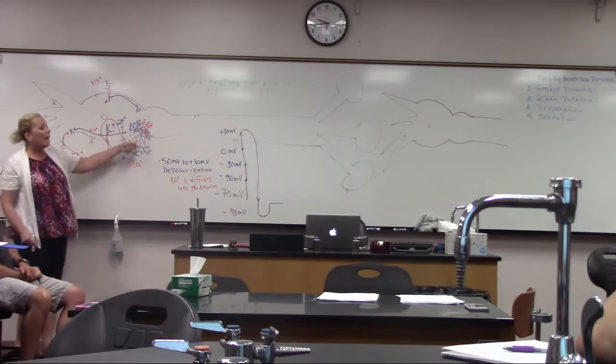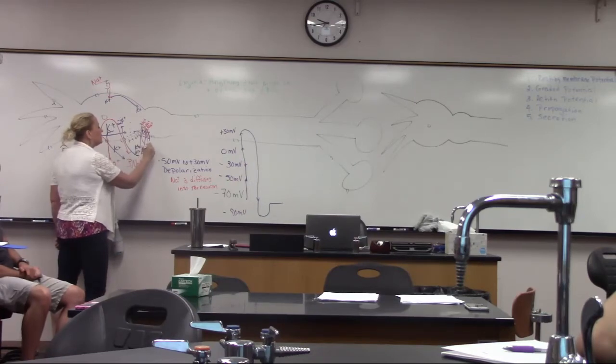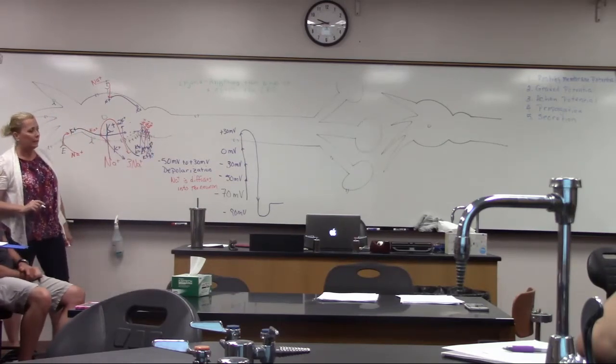Now, when all this potassium is diffusing out of the cell, it can actually diffuse out better than sodium can diffuse in. So you get way more positive charges outside, and you flip the polarity again.